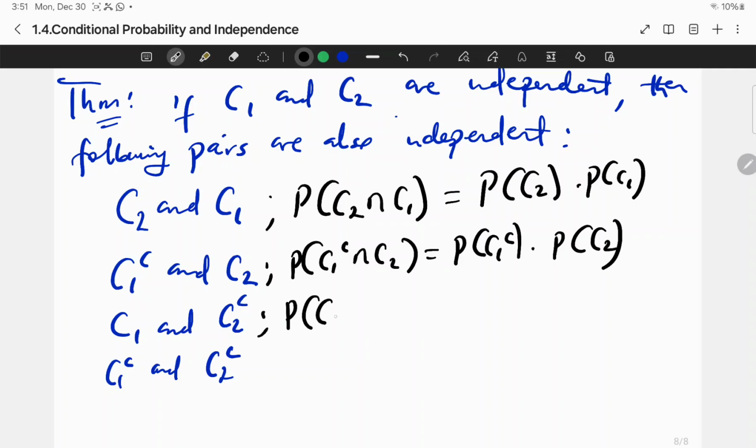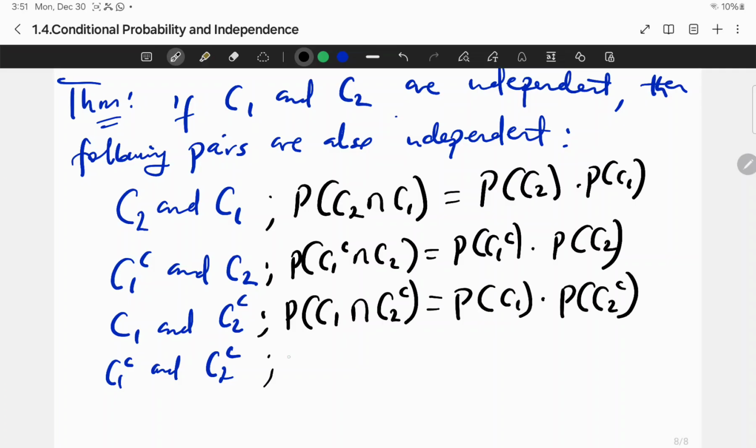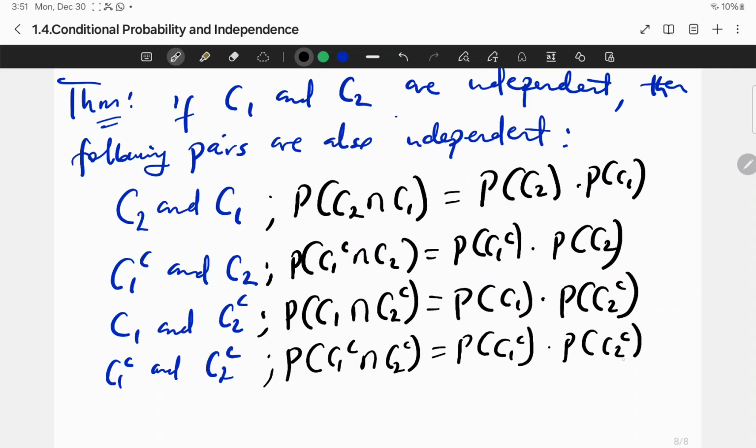This implies the probability of C1 intersection C2 complement equals the probability of C1 times the probability of C2 complement, and this also implies the probability of C1 complement intersection C2 complement equals the probability of C1 complement times the probability of C2 complement. Alright, so let's check some examples on this.